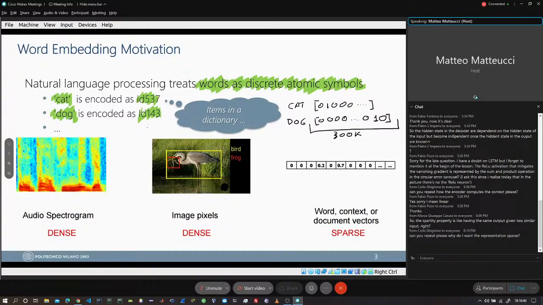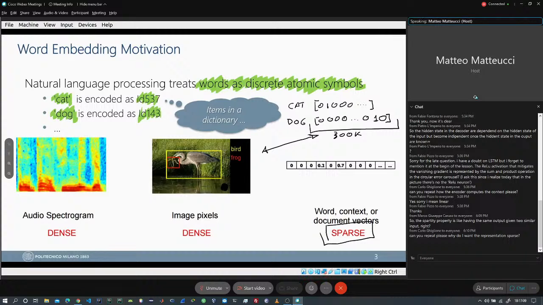By the way, the number of pixels in this image is easily in the order of 300K. I mean, the problem is not because I have more or fewer numbers. No, the problem is because this representation is very, very sparse. You say, hey, but you say that you want a sparse representation.